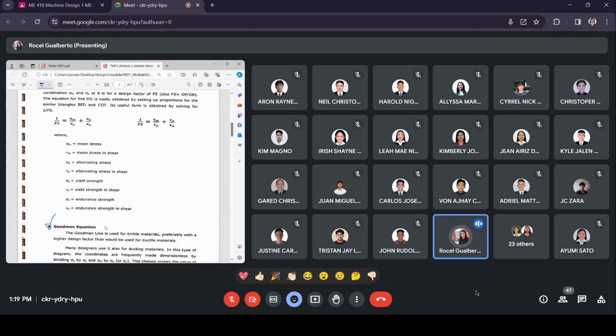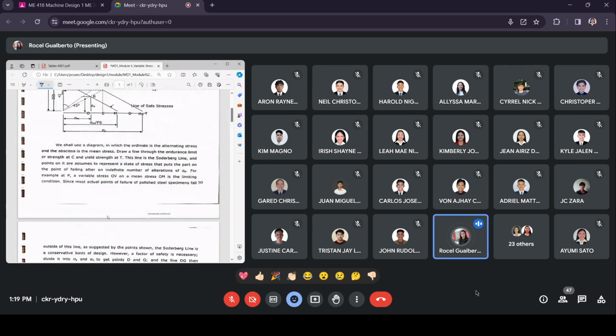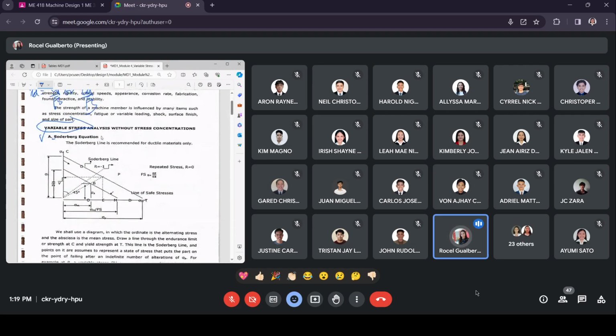The Goodman is good for brittle materials. So if you are given a brittle material, you make use of the Goodman equation as your design stress, and if you have a ductile material, you use the Soderberg.